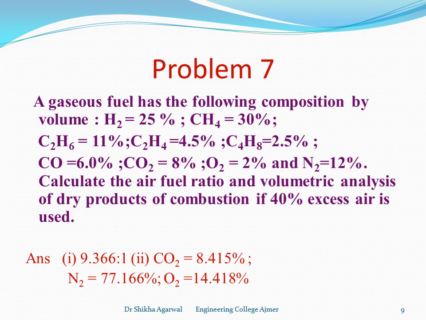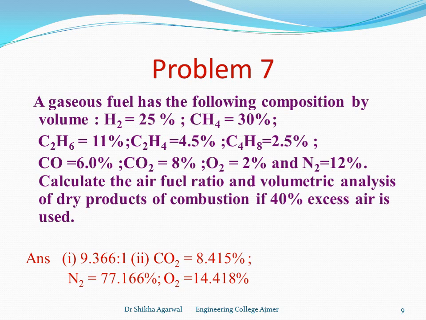Now another question: a gaseous fuel has the following composition by volume: hydrogen 25%, methane 30%, ethane 11%, ethylene 4.5%, C4H8 2.5%, carbon monoxide 6%, carbon dioxide 8%, oxygen 2% and nitrogen 12%.